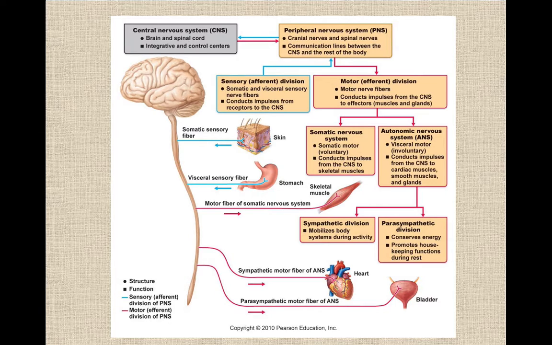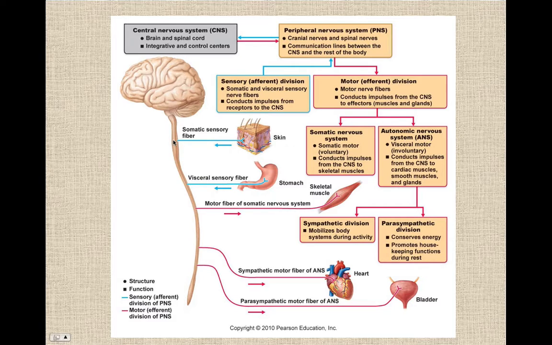So they all conduct impulses from the receptors to the central nervous system. They do not dictate what happens, but they are sending that information to the brain for the brain to decide how it should react. Okay, so you get that sensation from the somatic sensor, goes into the spinal cord.